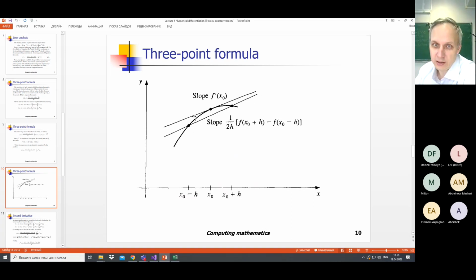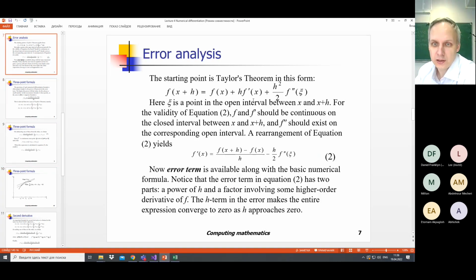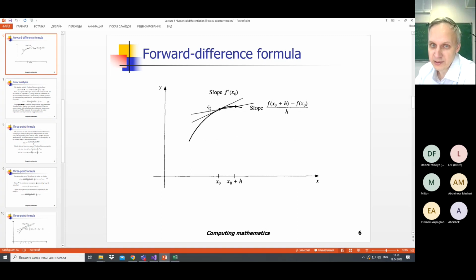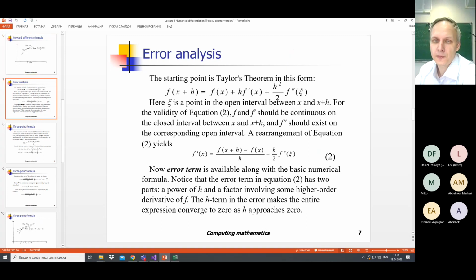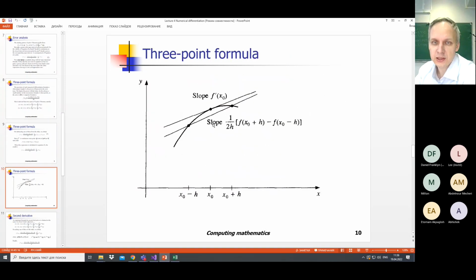It's almost parallel here. Let's compare with these lines. You see that this line is similar but the slope is not so close. And here the slopes of these 2 lines are exactly the same. And to compute it, we use 3 points, x0, x0 plus h, and x0 minus h.